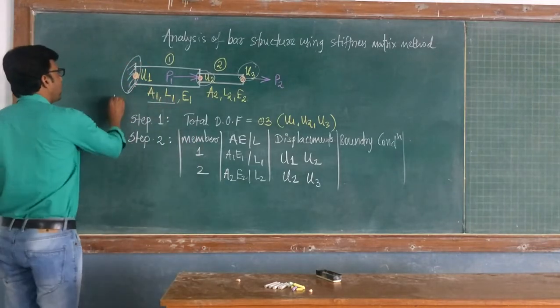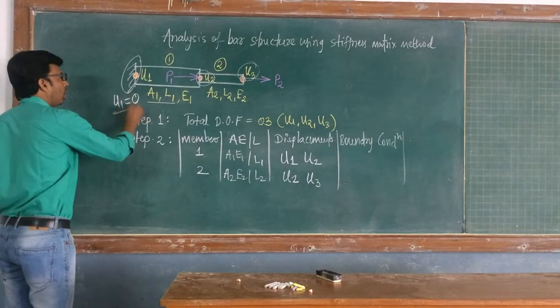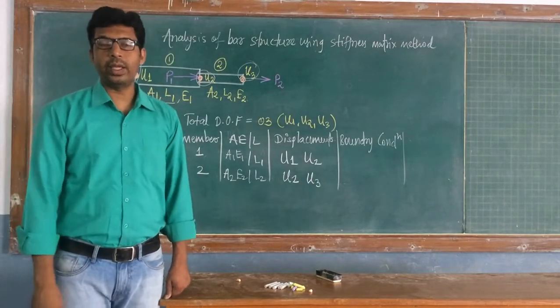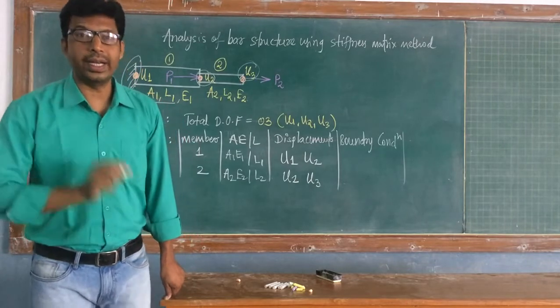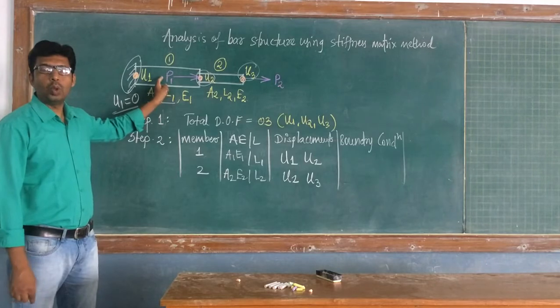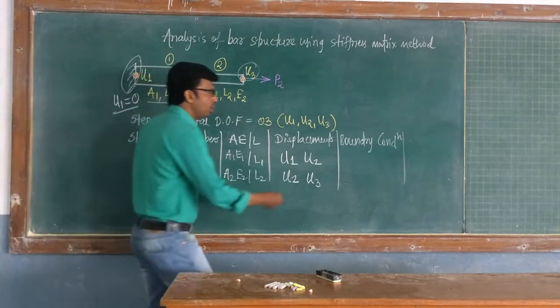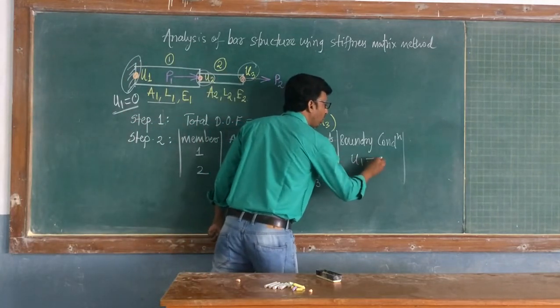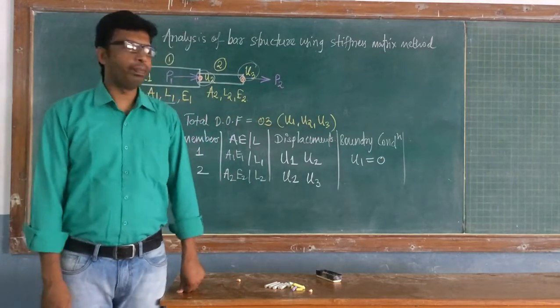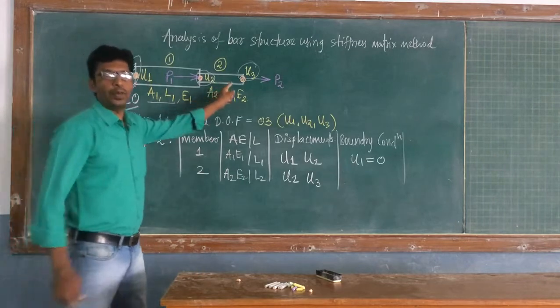All displacements are 0. Okay. So U1 is equal to 0, it is known to us. That will be used as a boundary condition. U1 is a part of the first member, so write down that U1 equals 0 in the first member. That is a boundary condition.